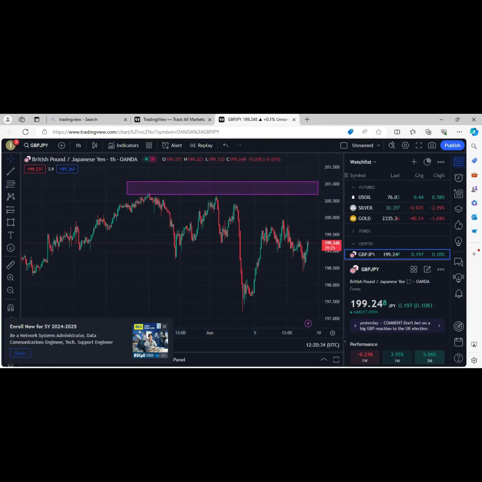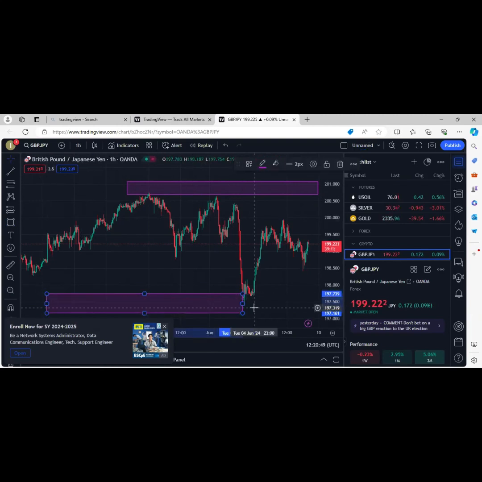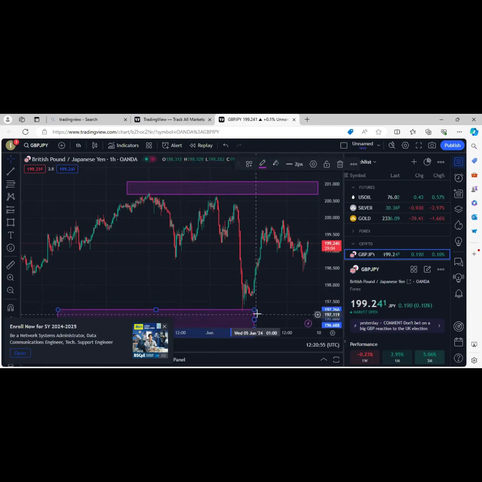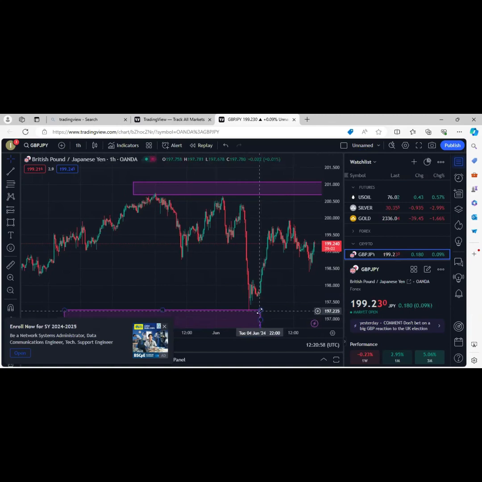So now where do you think is your support? Pick your rectangle wherever you think is your support. If you want to drag, you're taking it to this side. Just leave it as it was before.